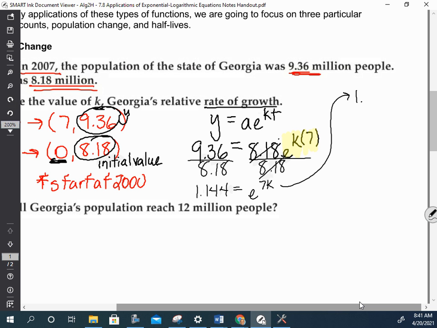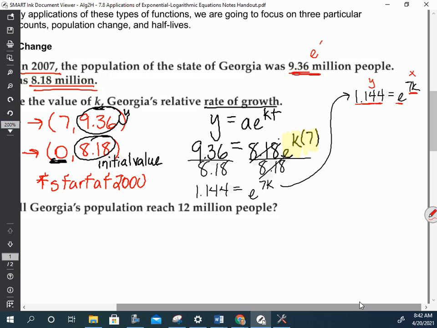Again, carry the 3 unless they tell you otherwise. So 1.144 equals e to the 7k. So we do a rewrite, just like we did yesterday. There's our base. There's our exponent. There's our y value.